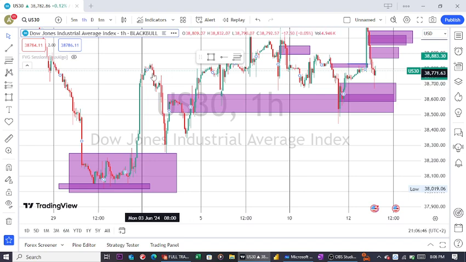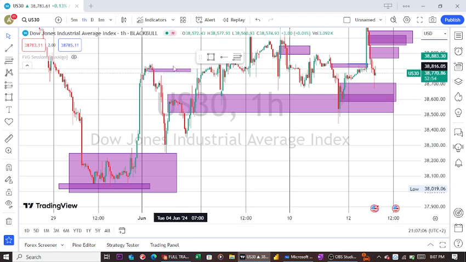This is my chart. This is another block. So price drops, drops, drops. Price is reversing back upwards. If I want to place my trade, I can place my trade here and place my TP just here before the other block.